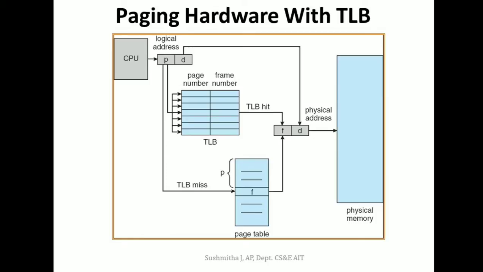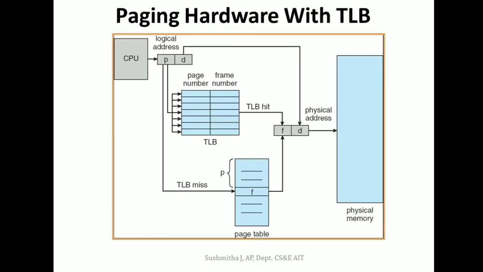When the associative memory is presented with an item and the item is found to match the key, then the value is returned. That is how a translation look-aside buffer works. But here, what are our key and value? We have the page number and the frame number.